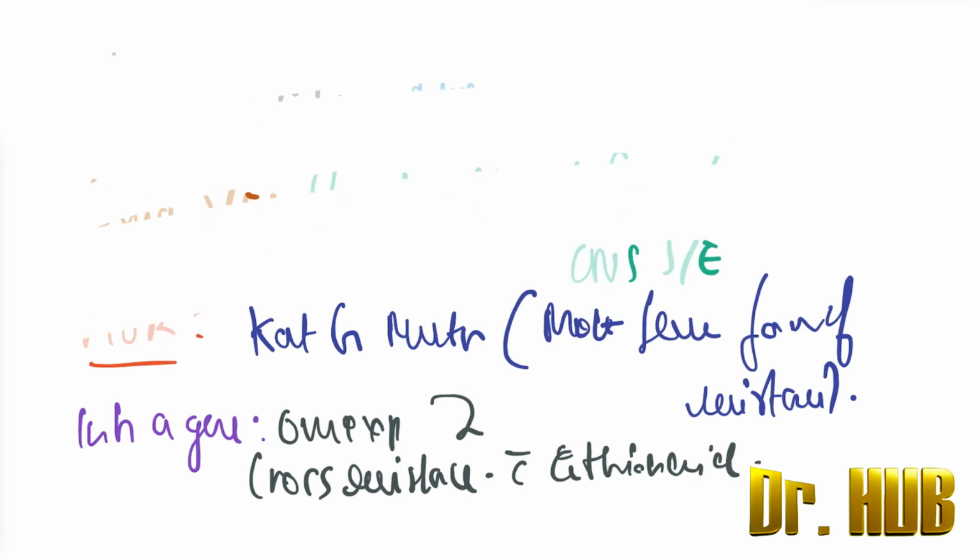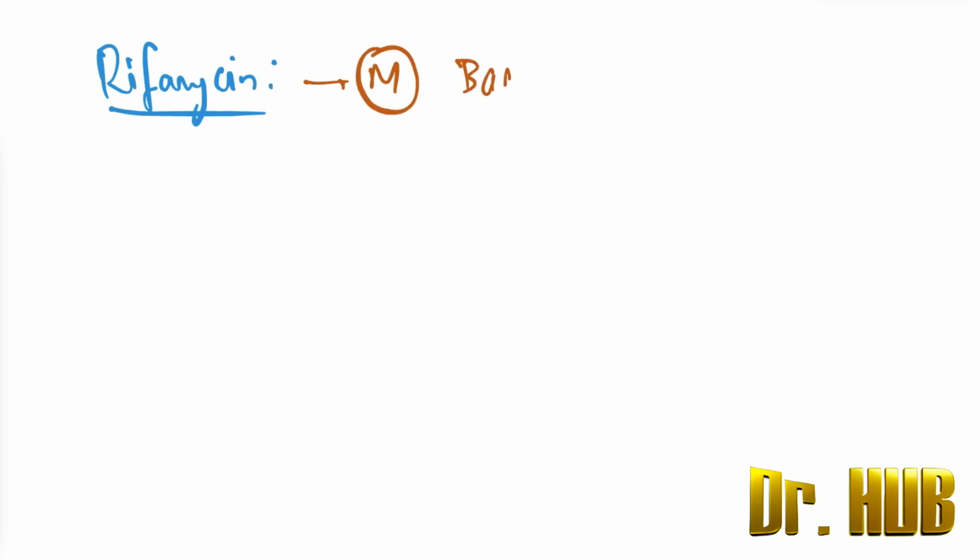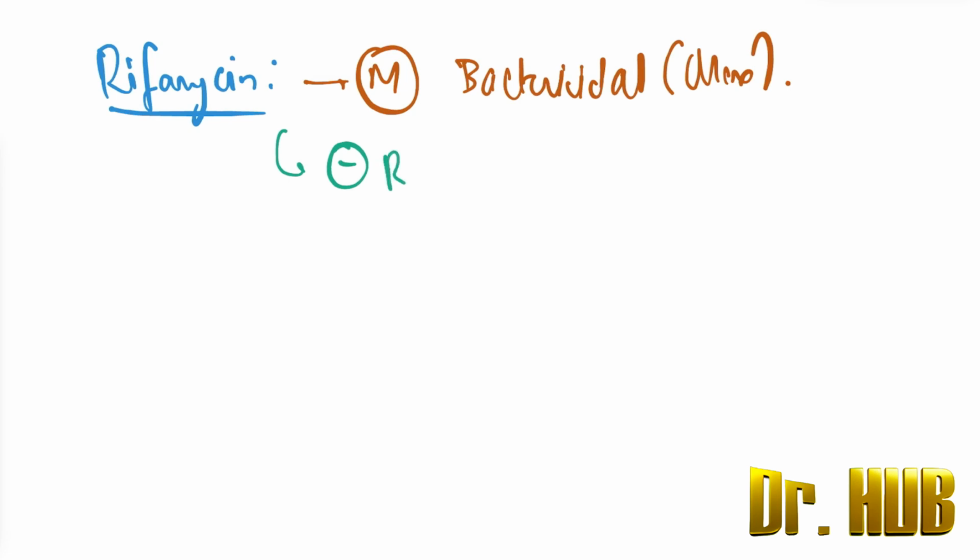Next we move on to the R, that is rifamycin. The mechanism is that it is bactericidal, maximum. Then there is inhibition of the RNA polymerase, and this leads to inhibition of RNA synthesis.